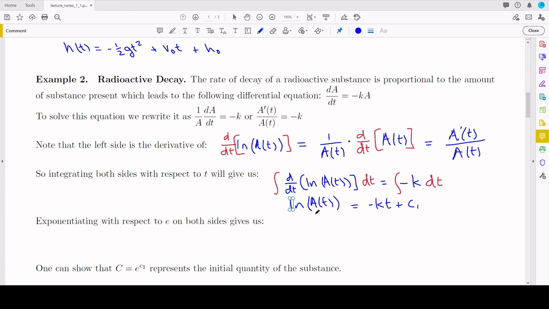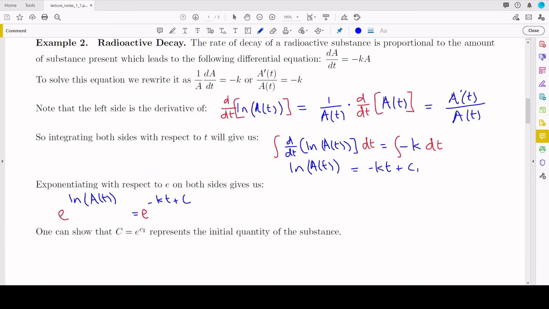And then we can exponentiate both sides with respect to e. So on the left, we get e to the power ln of A of t, and on the right hand side, we get e to the power negative kt plus c. Now here, the e and the ln cancel each other out.